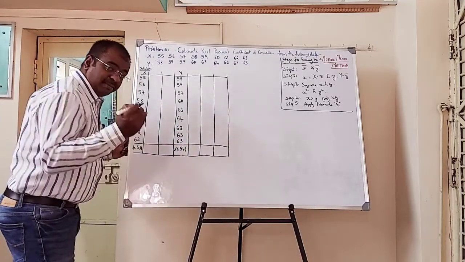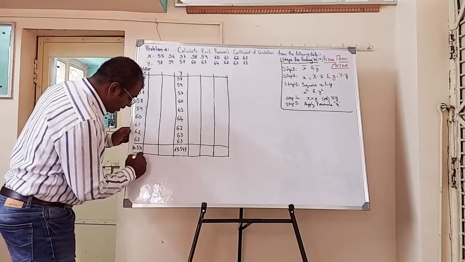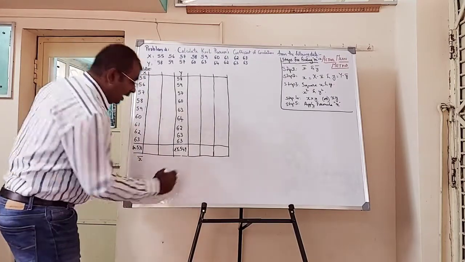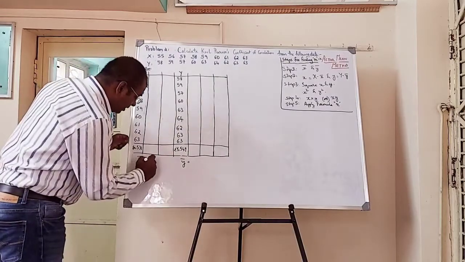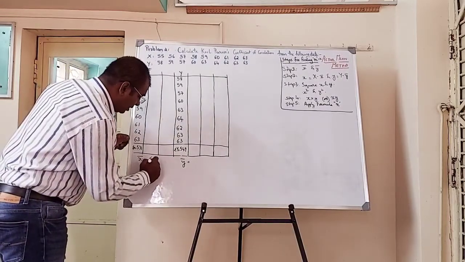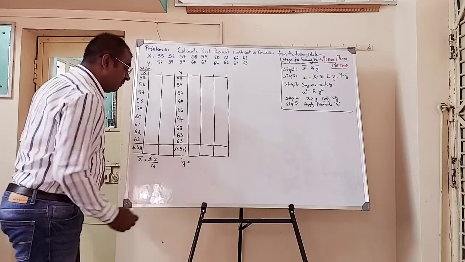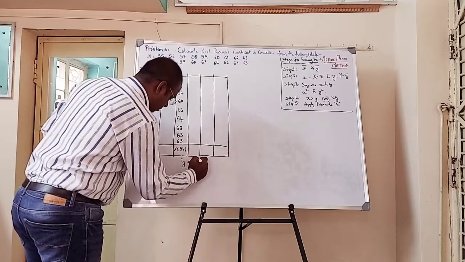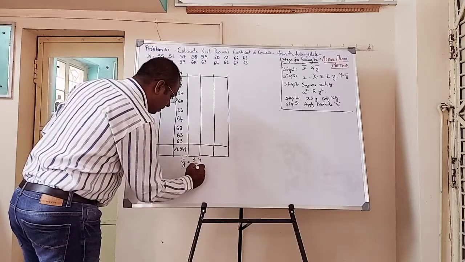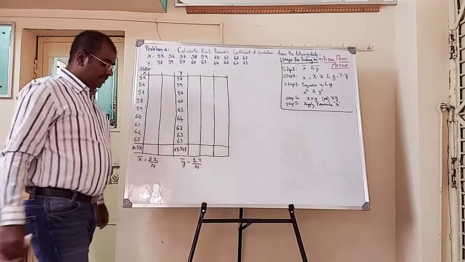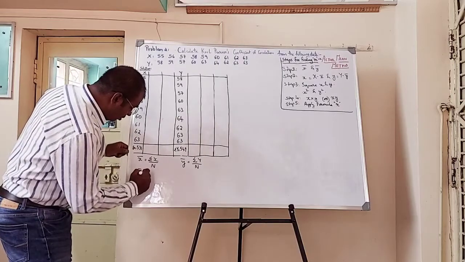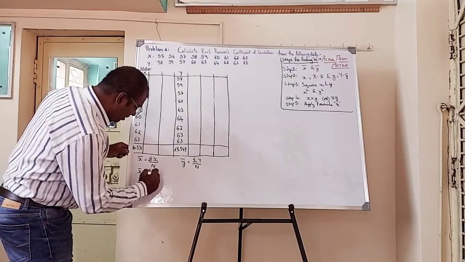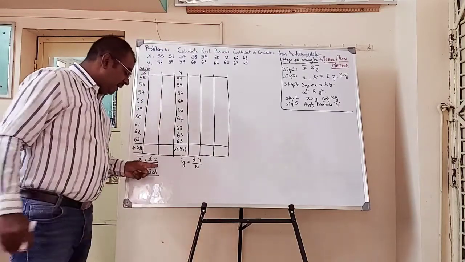Now the first step is calculating x bar and y bar. X bar is equal to sigma x divided by n, and y bar is equal to sigma y divided by n. We know that sigma x is equal to 531, divided by n.